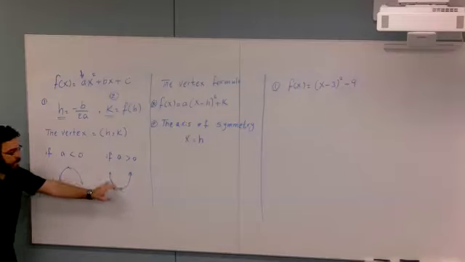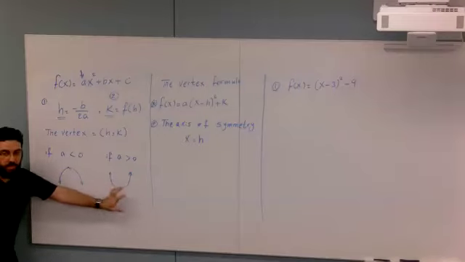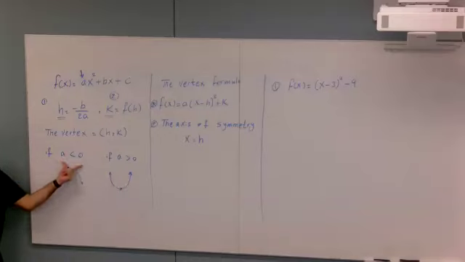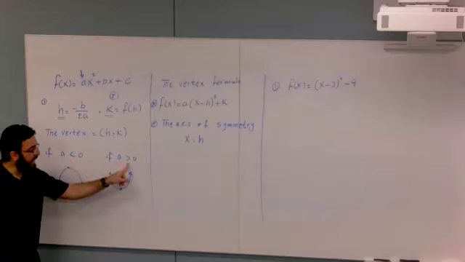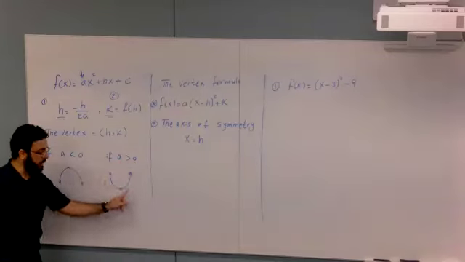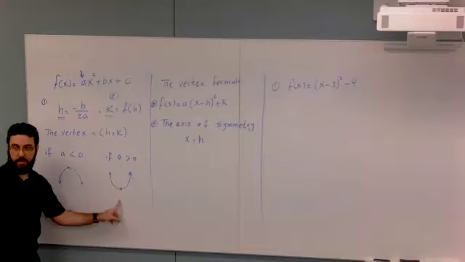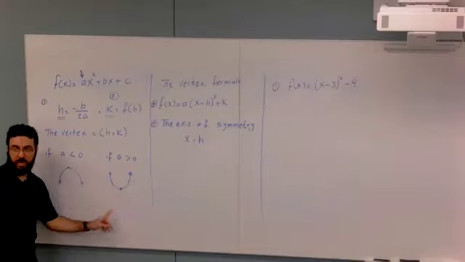And how are you going to know if the graph has a maximum or minimum? It depends on the value of the leading coefficient. If the leading coefficient is less than 0, which is a negative number, it's going to be this shape, downward. If the value of a is greater than 0, it's going to be a minimum, and the shape is going to be upward.